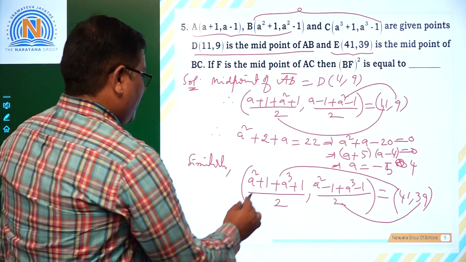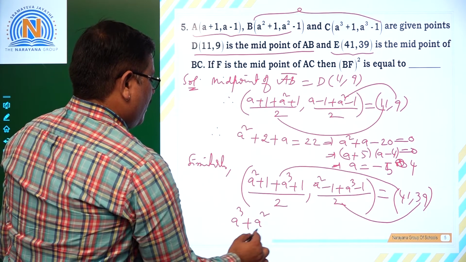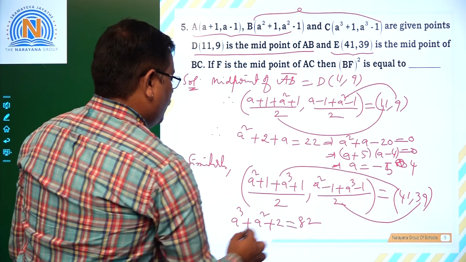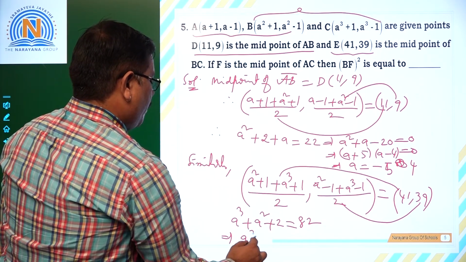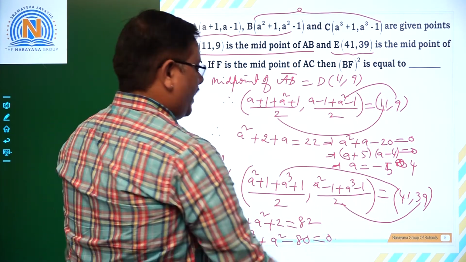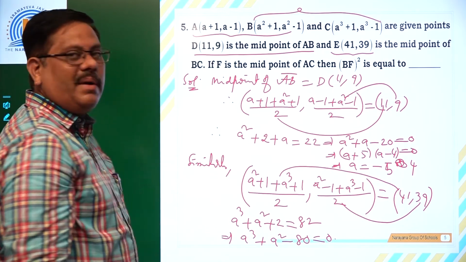If I take like that, first let me take this: a cube plus a square plus 2 is going to be 82. See, 2 times 41 is 82, right? So a cube plus a square minus 80 is 0. We have to find one of the values of a by trial and error.